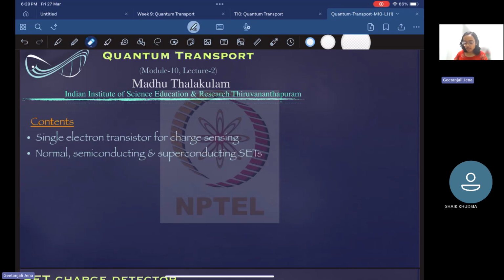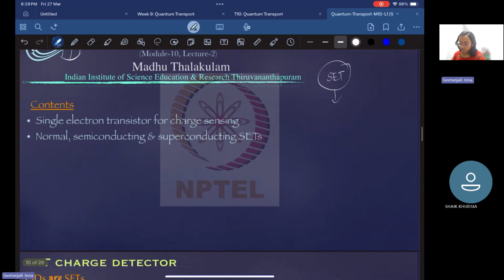If you recall the definition of the single electron transistor, it is another Coulomb blockade device. That means there will be a quantum dot which will be tunnel coupled to the source and drain.